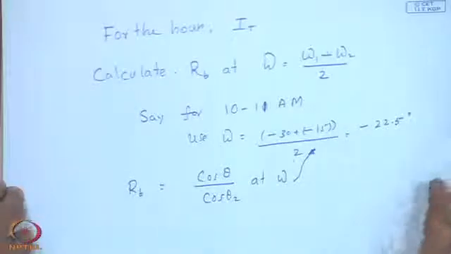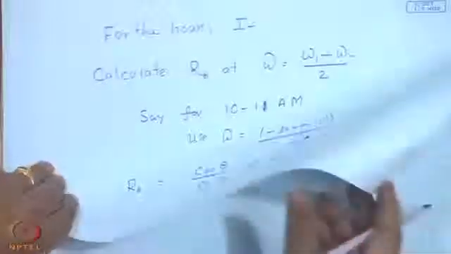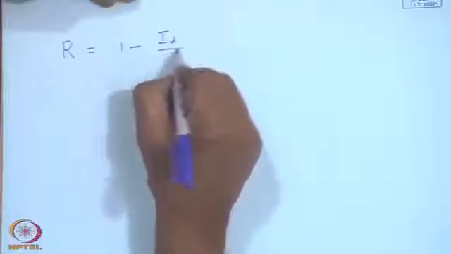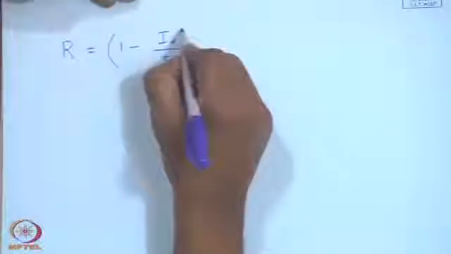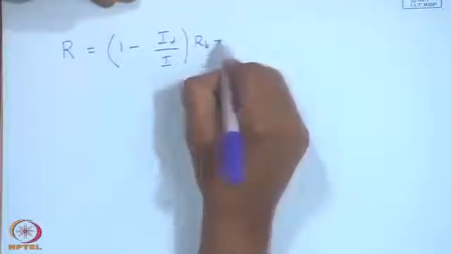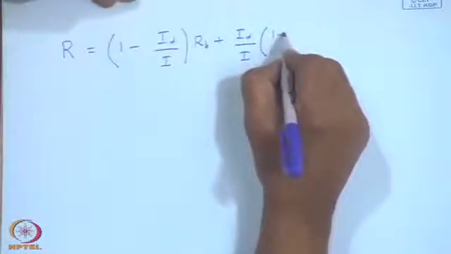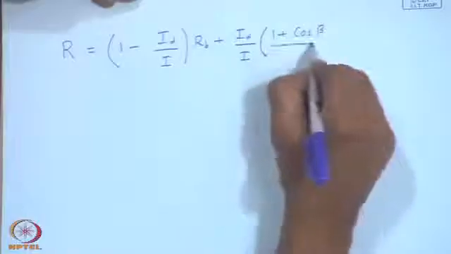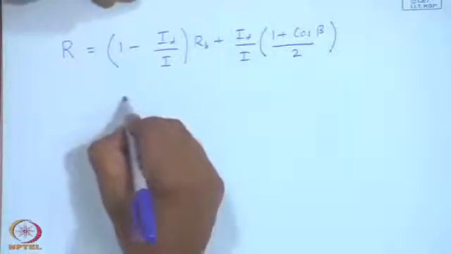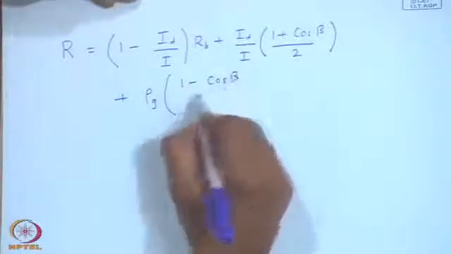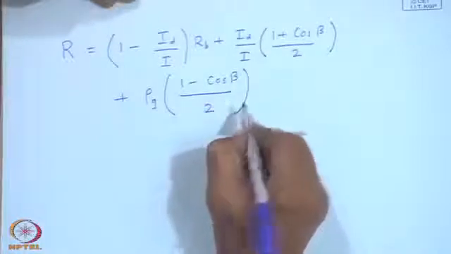All right. So, if I straight away extend the result that we have written for the instantaneous values, my factor r will be 1 minus I d by I times R b plus I d by I times 1 plus cos beta by 2 plus rho g times 1 minus cos beta by 2.